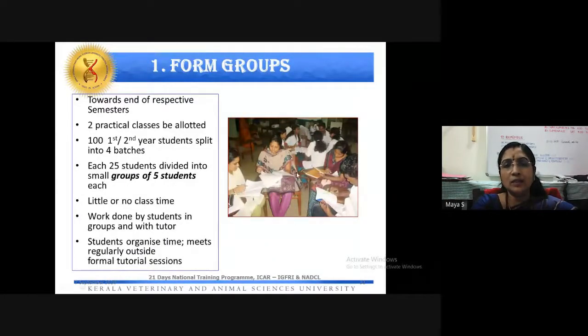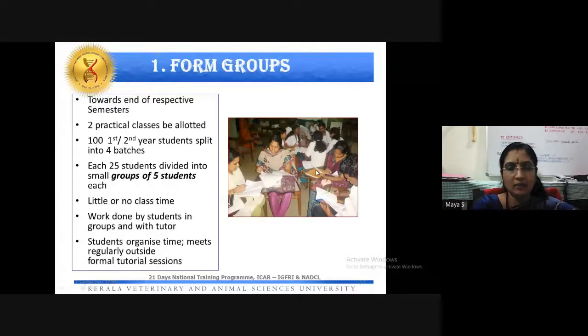The teacher has to divide the students into different groups. As I told you, the group size can be 5 to 10, and we can divide the students into groups towards the end of the semester, and we can narrate the problems by using 1 or 2 practical classes.